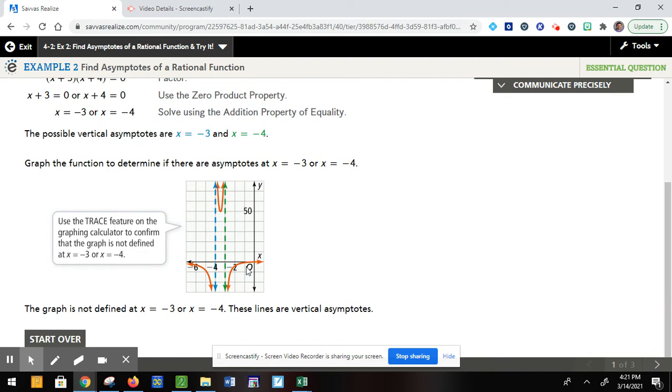When you actually graph this function, you can see that the graph is not defined at those places. So those are both asymptotes. So essentially, finding vertical asymptotes, set the denominator equal to 0, solve, and those should be your vertical asymptotes.